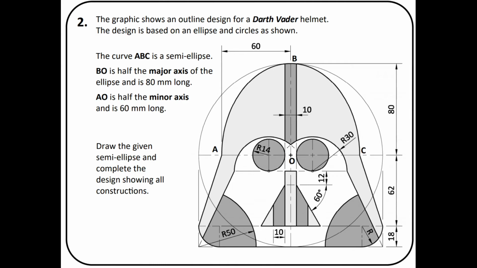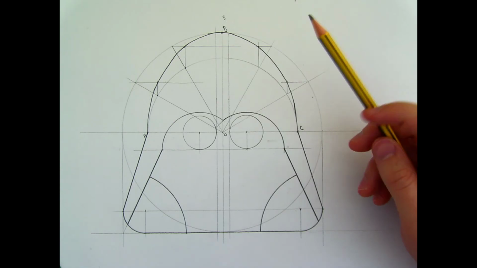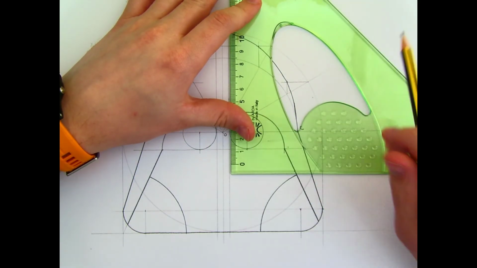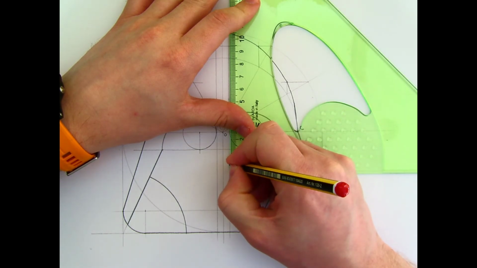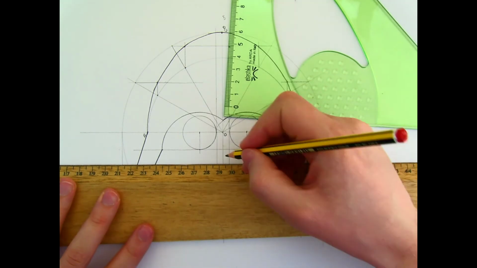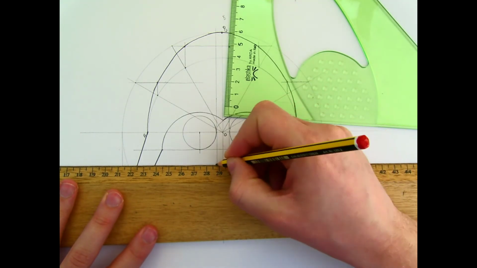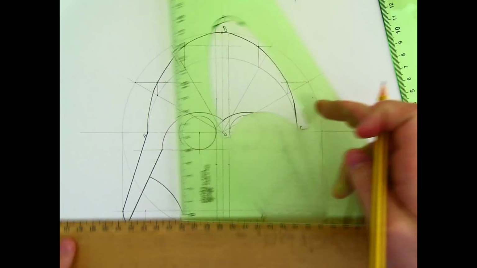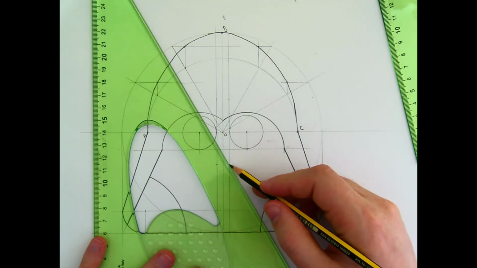And then the darker grey parts there, they're 10 millimeters out from the center lines that we had drawn already. So I'm going to measure down just below the eyes, down 12 millimeters. And that's going to give me those two corners from where my 60 degree lines are drawn from. So 60 degrees on either side.